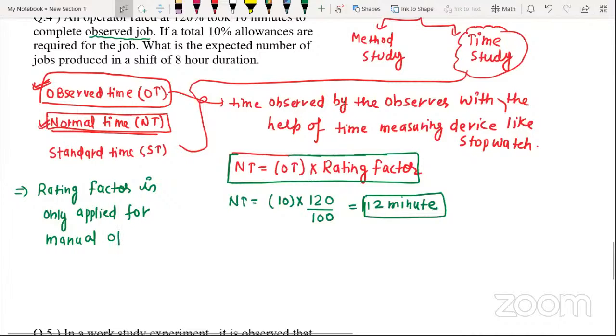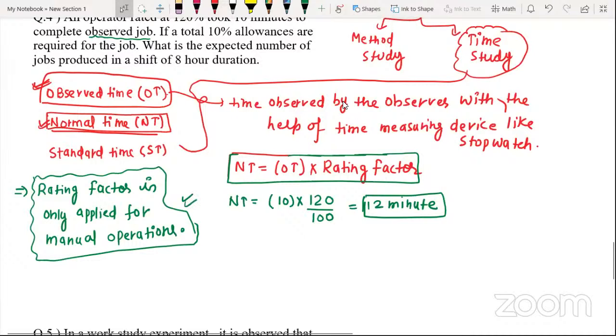Rating factor or performance rating is only given to those workers who are working manually. For machines there is no rating factor.